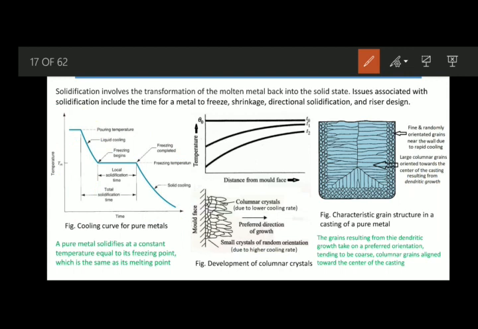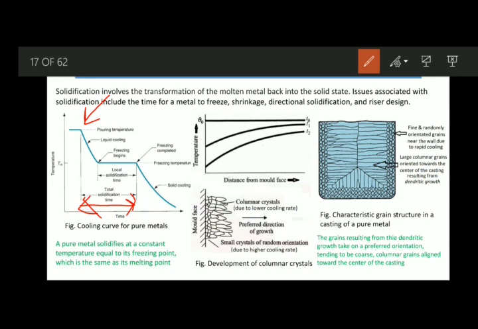Then we also have another time, the total solidification time, which starts from the pouring of the molten metal into the mold cavity to the completion of the freezing.